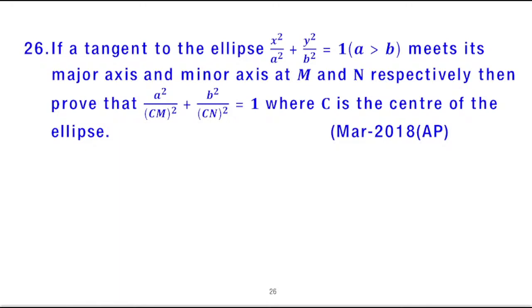Okay, it's a story question. It's a very simple story question. Try to understand. If a tangent to the ellipse, first write down the solution like this.